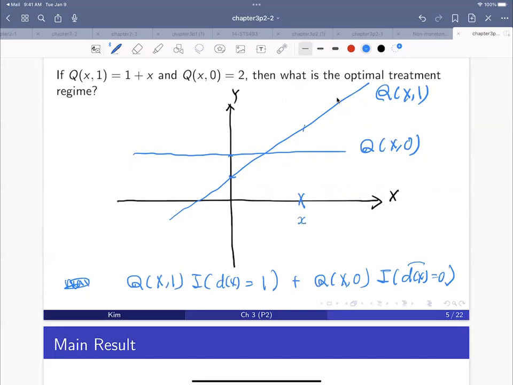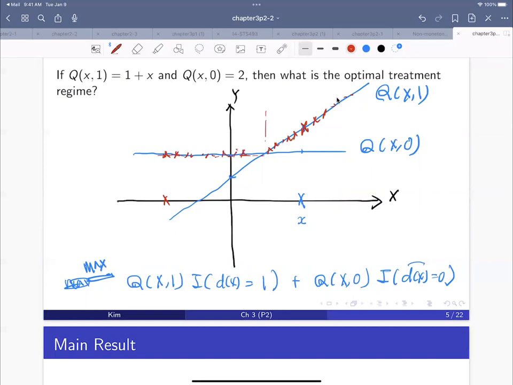For this point, which line do you want to choose? The goal is to find the maximum. So for this particular x, the maximum is the first line, of course, so we want to choose this. But what about this point? Well, the maximum changes, so we want to choose this one. So basically this is the choice.